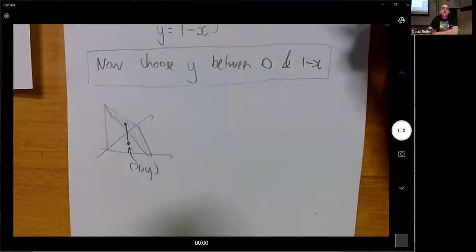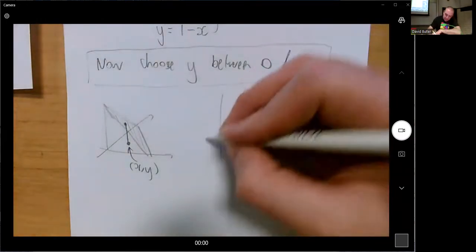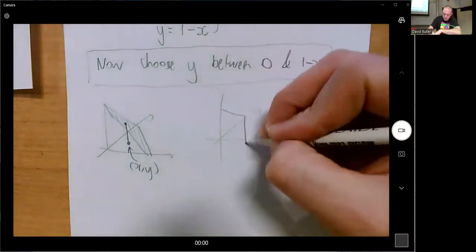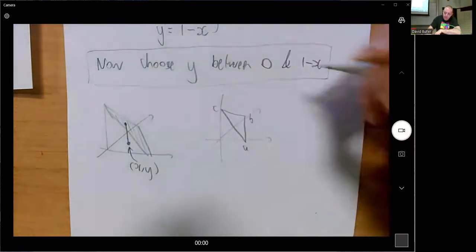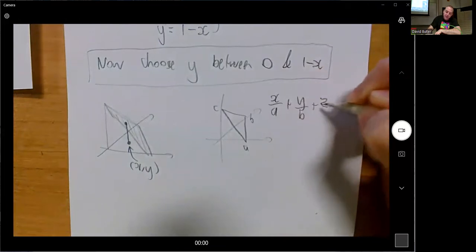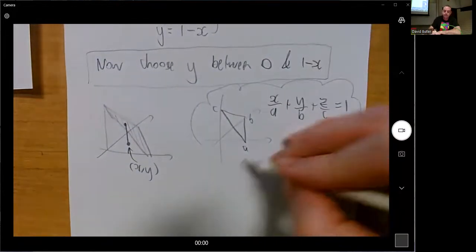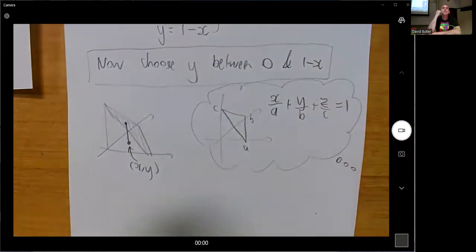Are you ready? When you have a plane with x-intercept A, y-intercept B and z-intercept C, its equation is x on A plus y on B plus z on C equals 1. This is the intercept form of the equation of a plane.